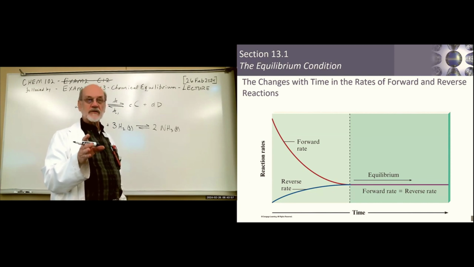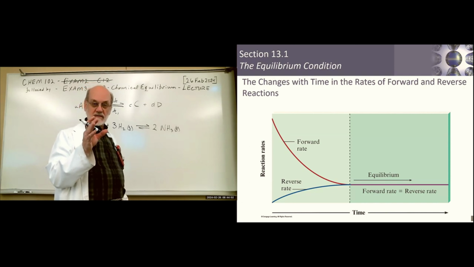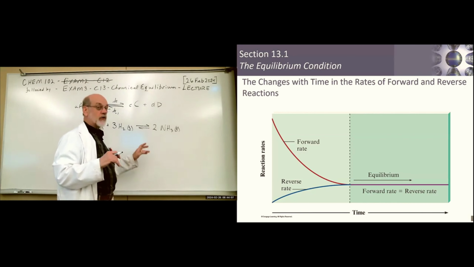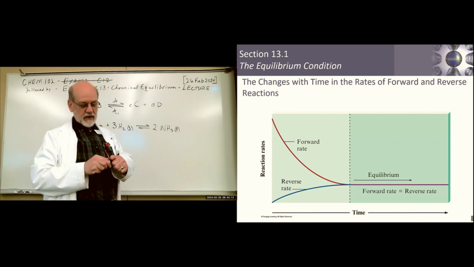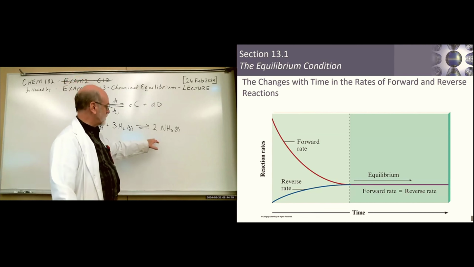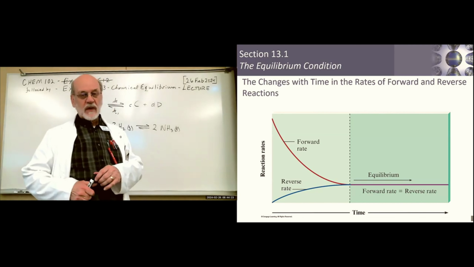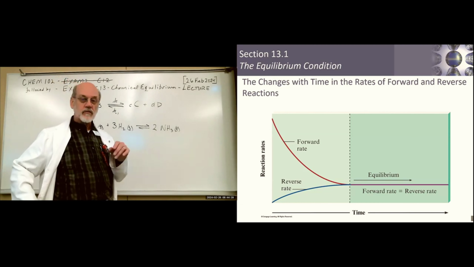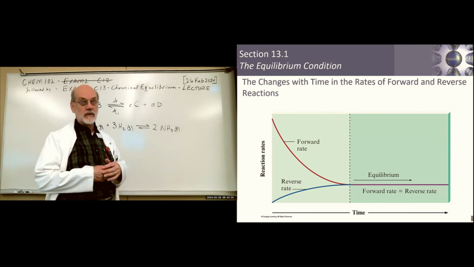It's producing products at a given rate, and we're so close to the beginning that we don't see any return reaction. That's why we study reaction rates very often in terms of initial rates, because then we don't have any competing reverse reaction to muddy the waters. But eventually, if we let the reaction continue, we find that the forward rate and the reverse rate match. They're exactly equal.